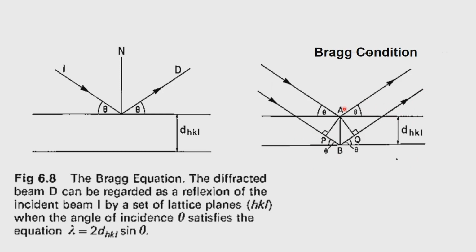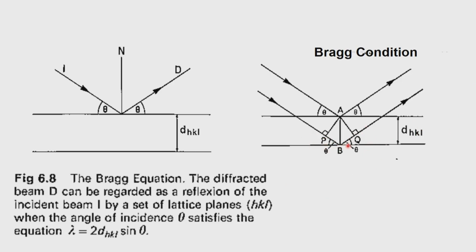This is purely a geometrical phenomenon, and it satisfies Bragg's condition, lambda equals 2d sin theta. And how do we get this? You have to calculate Pb plus Bq, which will give us 1 over d of HKL equals 2 sin theta by lambda, right, and that will give us the value of sin theta.